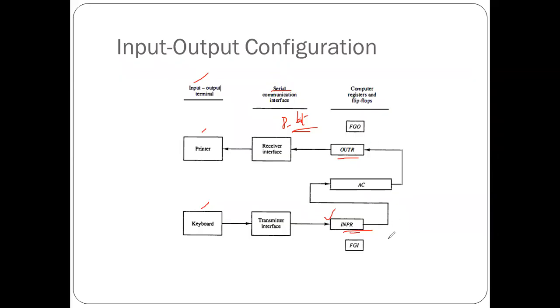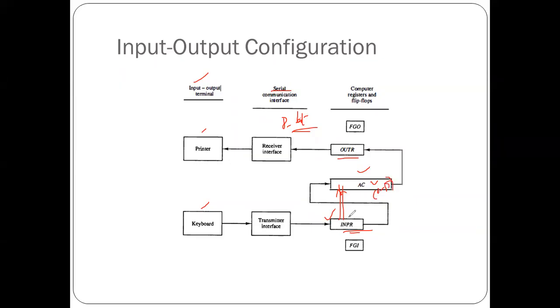These two registers communicate with the communication interface serially, and with the accumulator in parallel. The 8 bits received from your keyboard serially and held in the input register are transmitted to the accumulator. The accumulator, as we have studied till now, is of 16-bit width, bits 0 to 15.